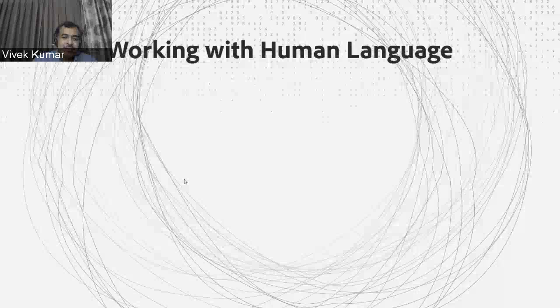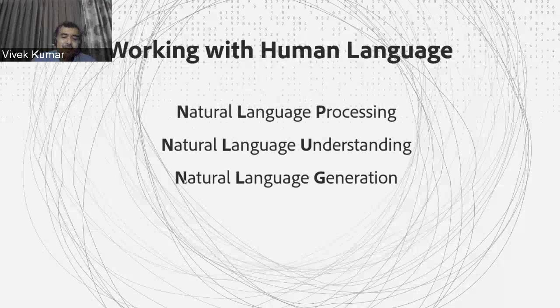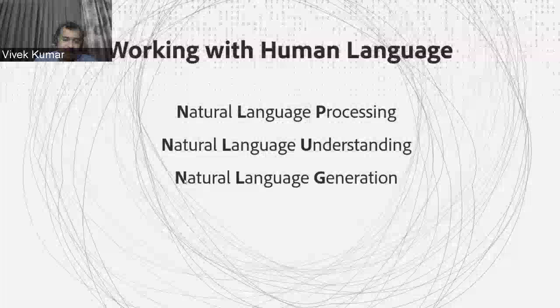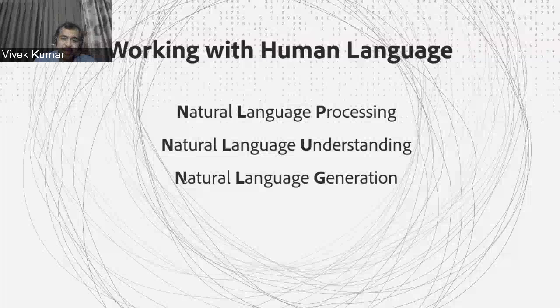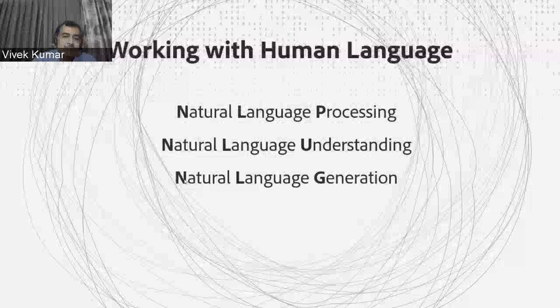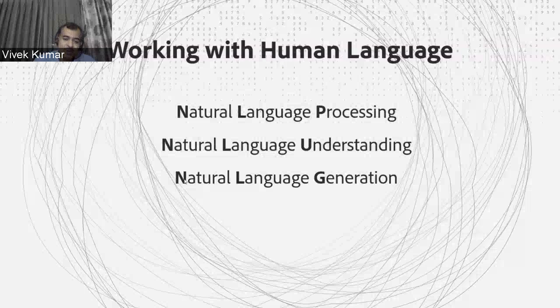So there is a study within computer science called natural language processing. There are variants of that, such as natural language understanding. If the computer is understanding what you are speaking, that is part of that sub-branch of natural language processing.